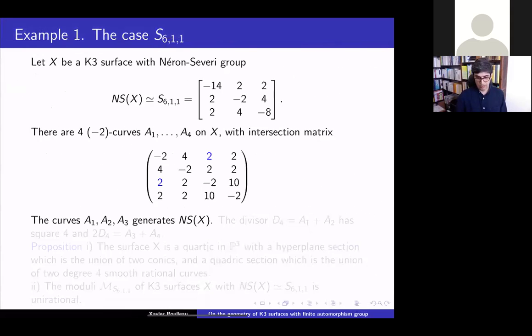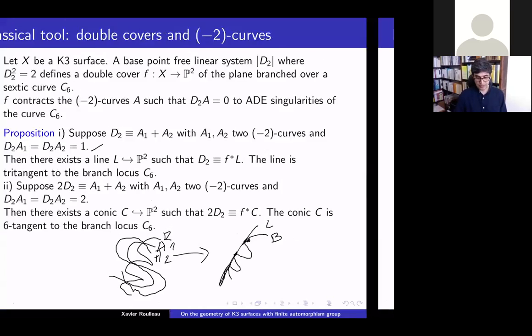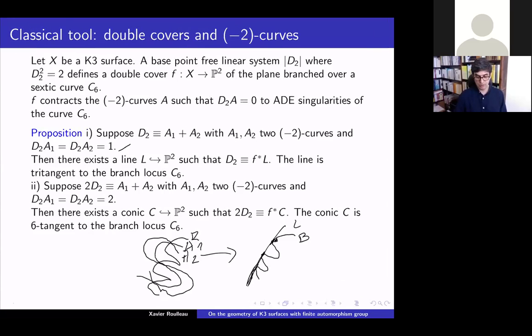Okay, let me now go to the examples. Well, sorry, I don't want to go too fast. There is the same result, so it is the second part of the proposition.